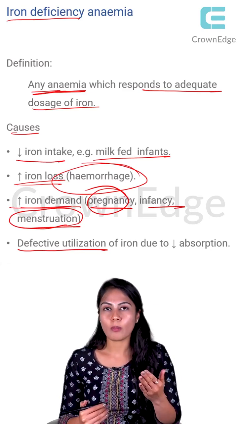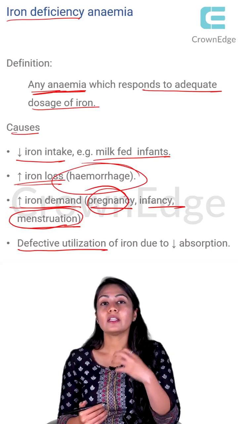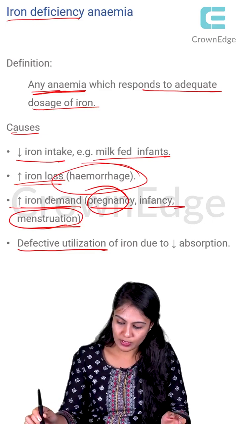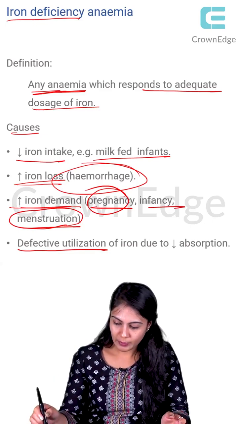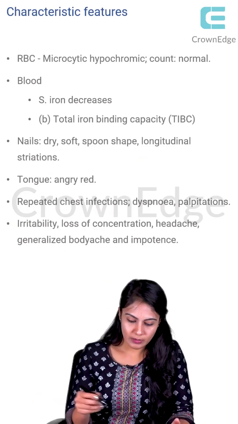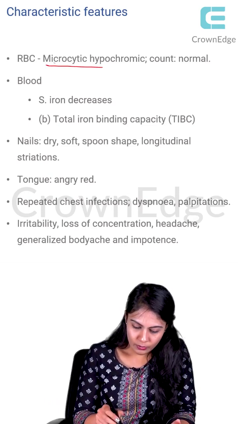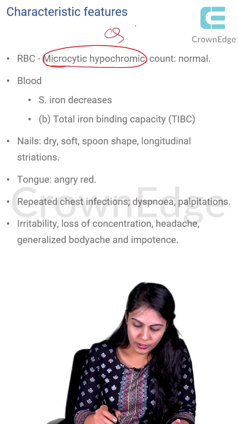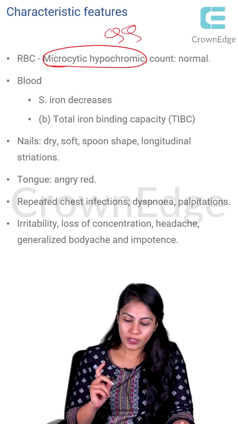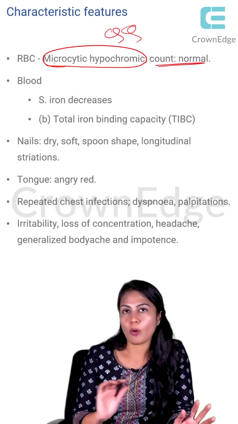If everything is normal, but the utilization is not there, then the patient lands up in iron deficiency anemia. What are the features of this anemia? This is microcytic hypochromic. I already told you the last column is very important in the Wintrobe's classification, right? The counts are normal, right?